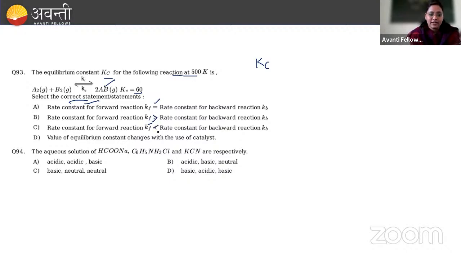Kf will be less than Kb. And the value of the equilibrium constant changes with the use of a catalyst. So here we need to find the answer. What do you think? What will be the answer?